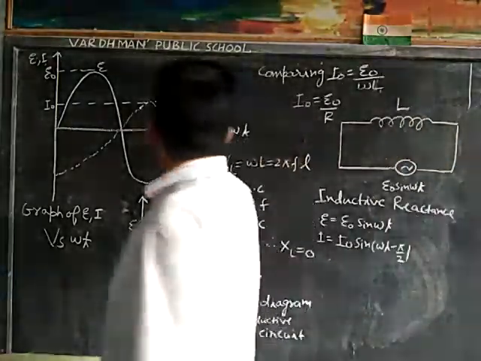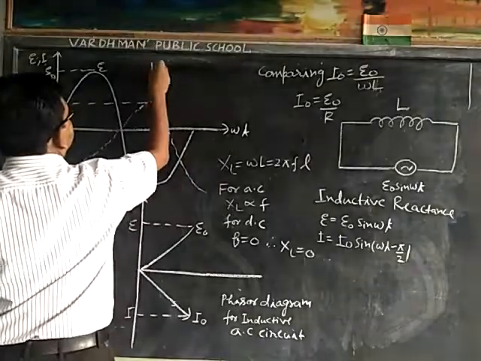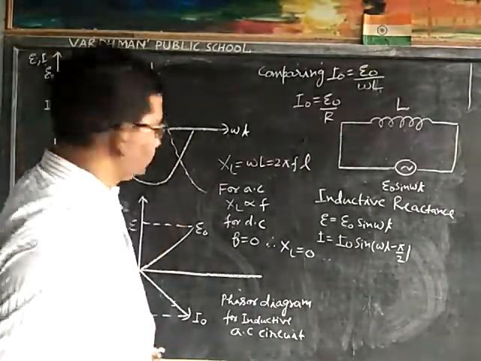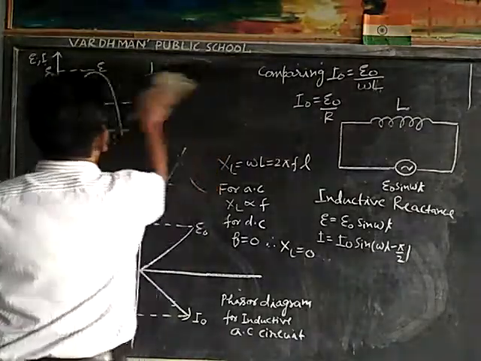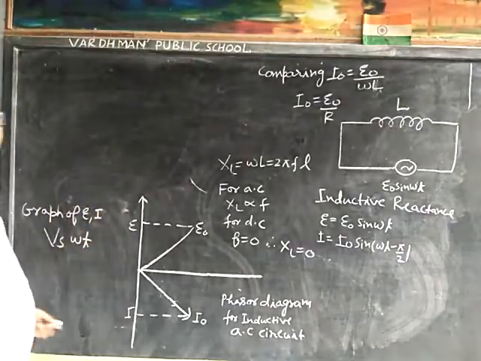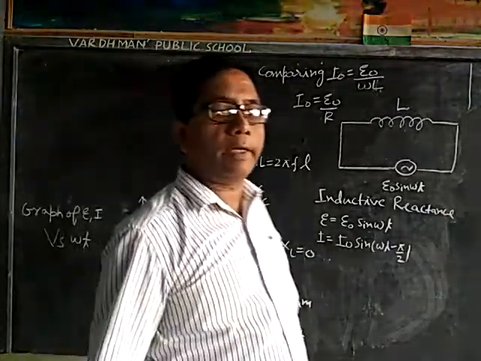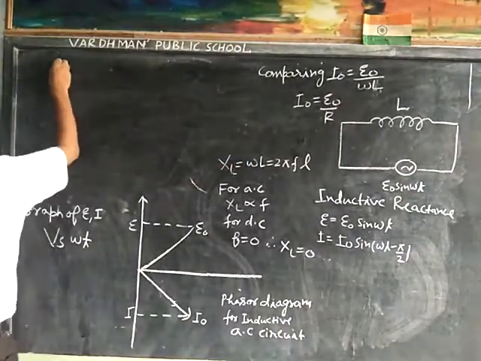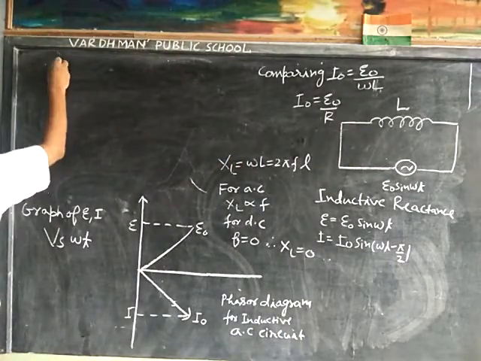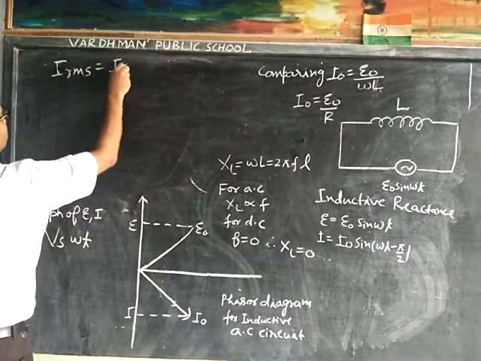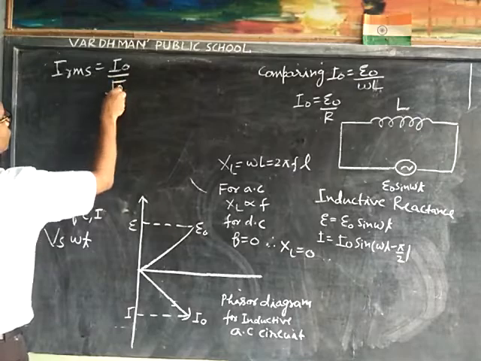Now, IRMS, the root mean square value of current, is equal to I0 upon under root 2.